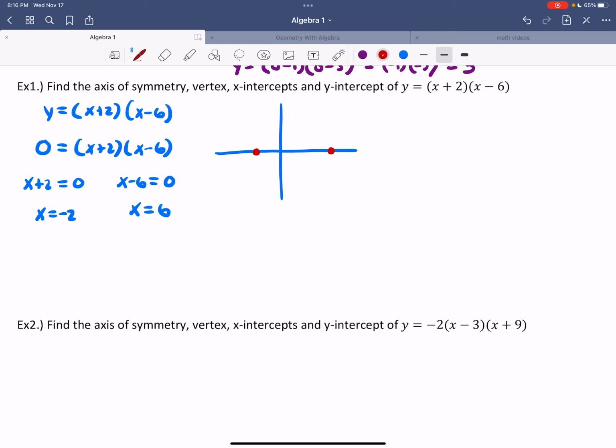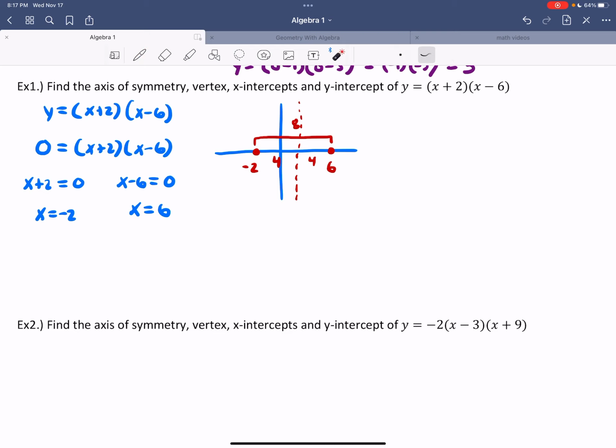Now, the next thing that I'm going to look at is I'm going to find the midpoint, what's halfway between negative 2 and 6. So what I'm going to do is I say, okay, the total distance between those two x-intercepts, if this one's at negative 2 and this one's at 6, that total distance is 8. So if I cut that in half, that's going to be 4 and 4.